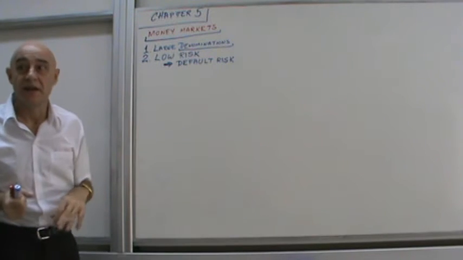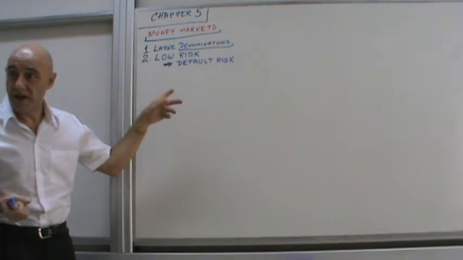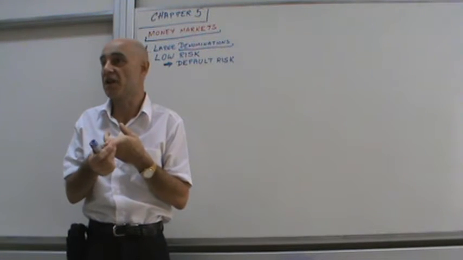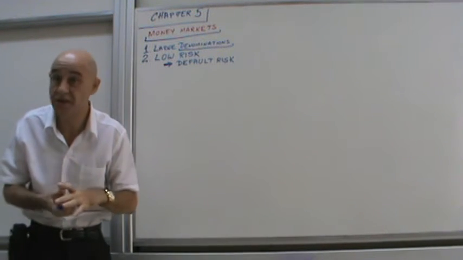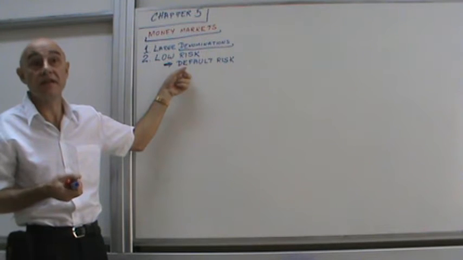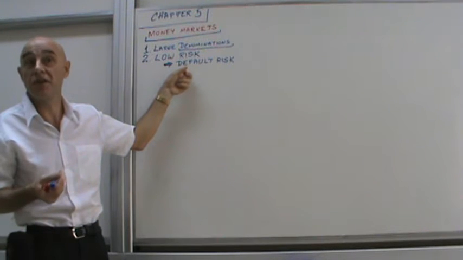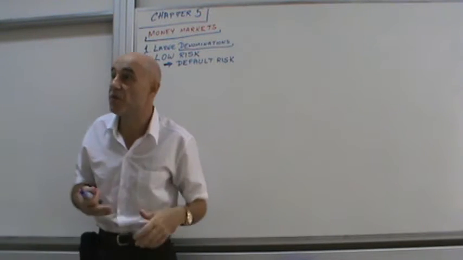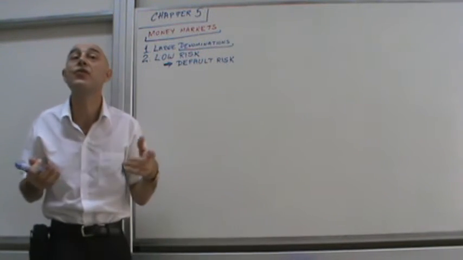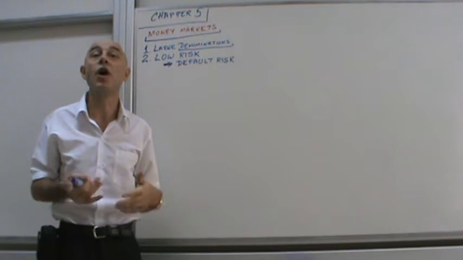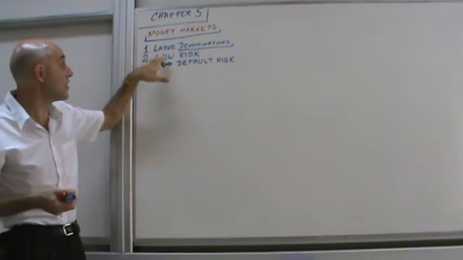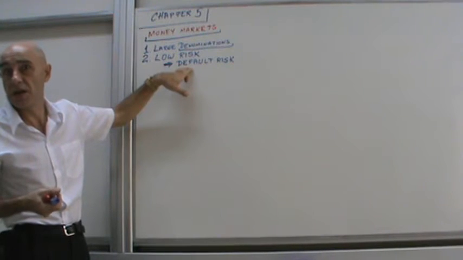Now, all of them still have currency risk. If the currency crashes, you still get the risk of currency. If there is price inflation, you still have inflation risk. So other risks are present, but at least the risk of default is low.